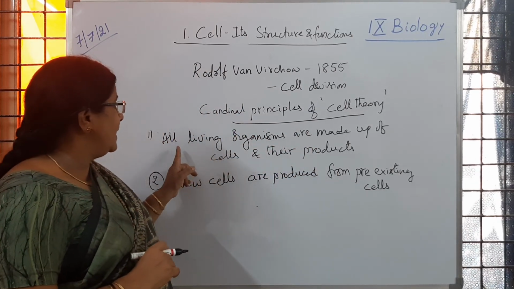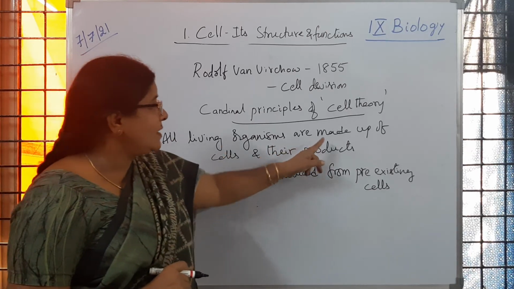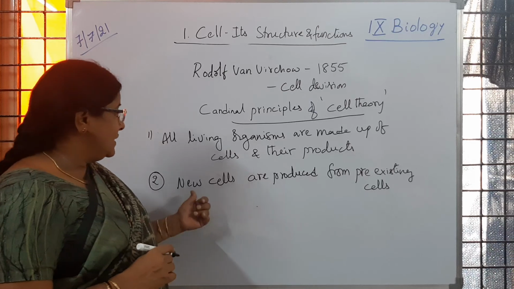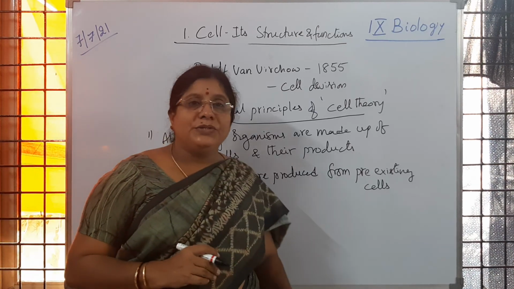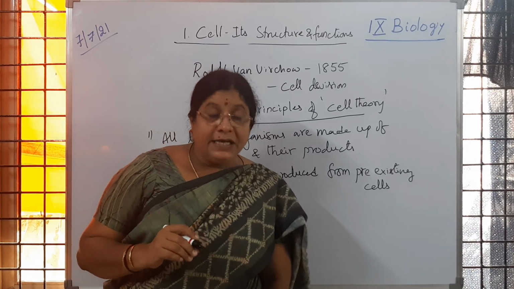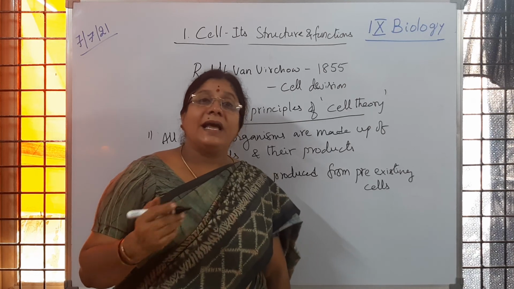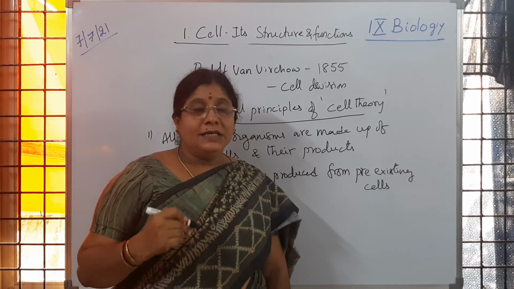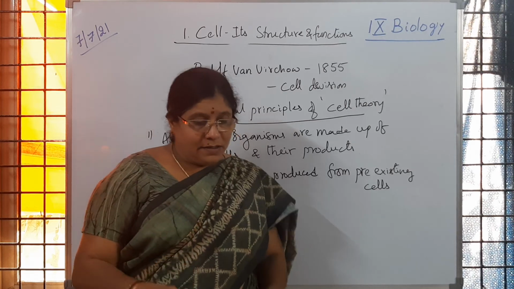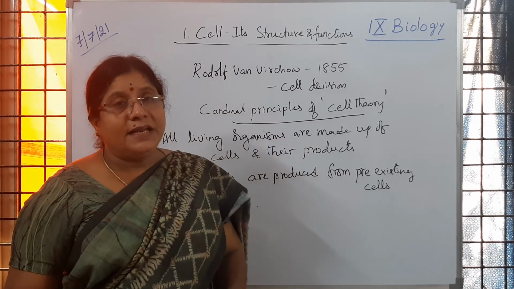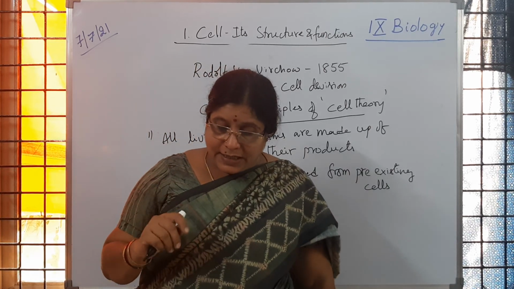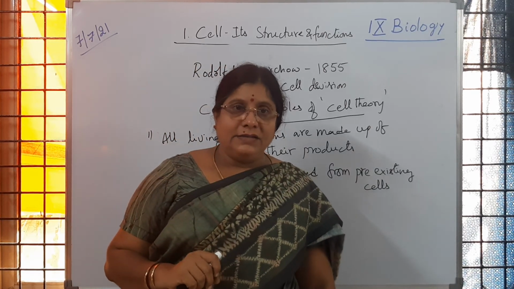What did they tell? All living organisms are made up of cells and their components, or products of the cell. Then new cells arise or develop from pre-existing cells. Is it clear to children? So that is the cell theory, proposed by Schleiden and Schwann. Is it clear to you?